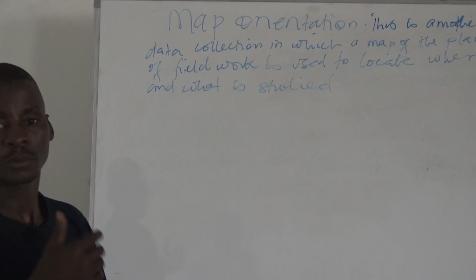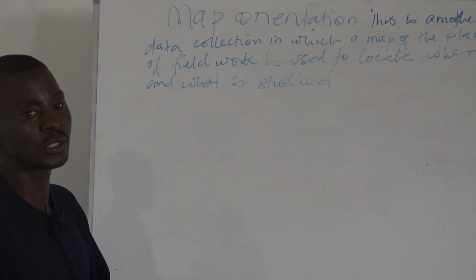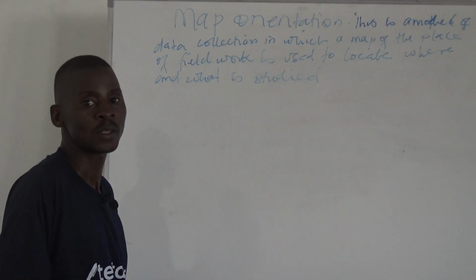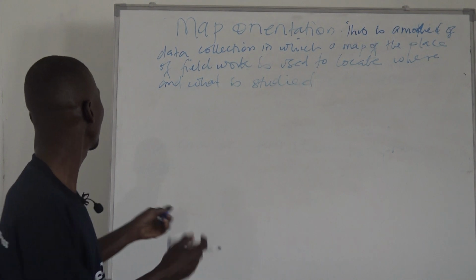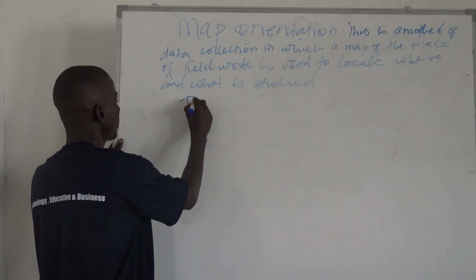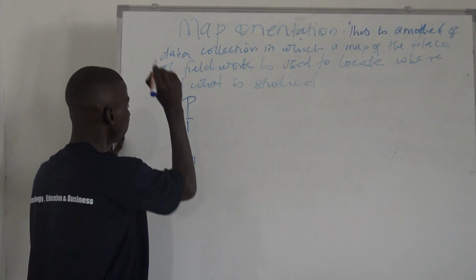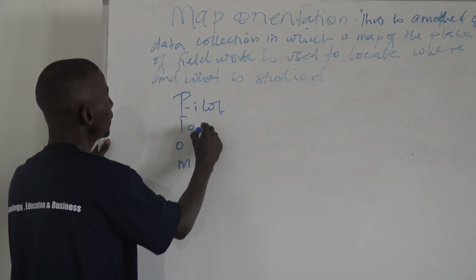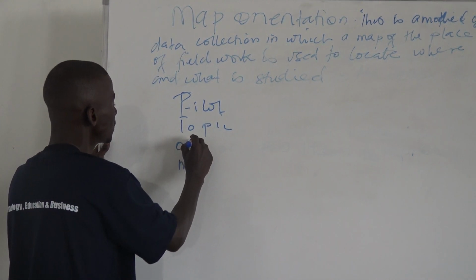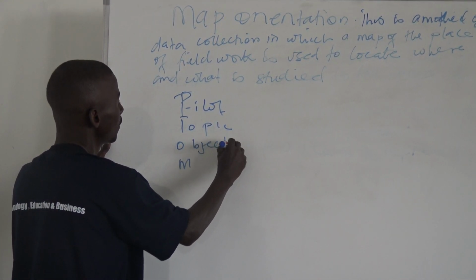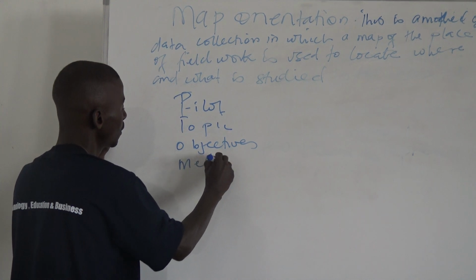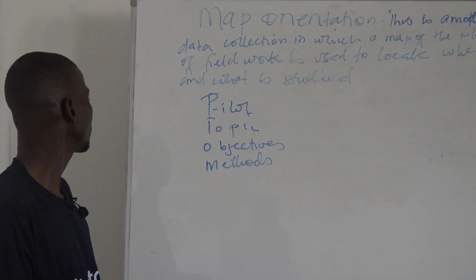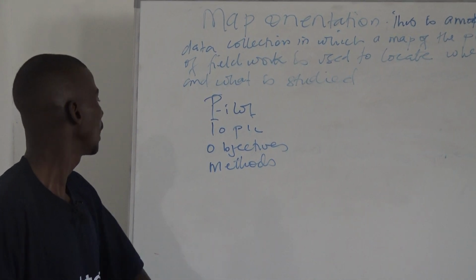So in any case, if the question is asking for the preparations you made, you will use that illustration as I've given it to you, the PITOM method, which talks about pilot, topic, objectives, and methods. Anything out of this is not correct, so we use that formula to locate.